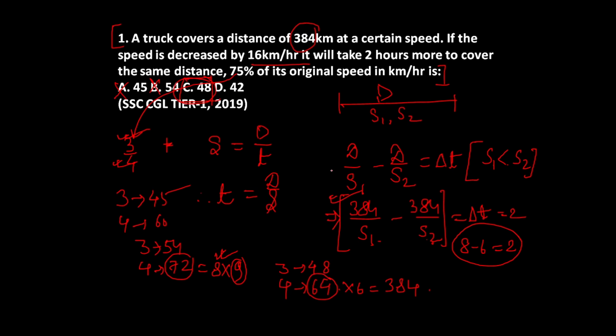I am just writing this part for your purpose, right? But you won't write that. You just have to get the answers and check whether the fixed distance can be divided by that option or not, right?